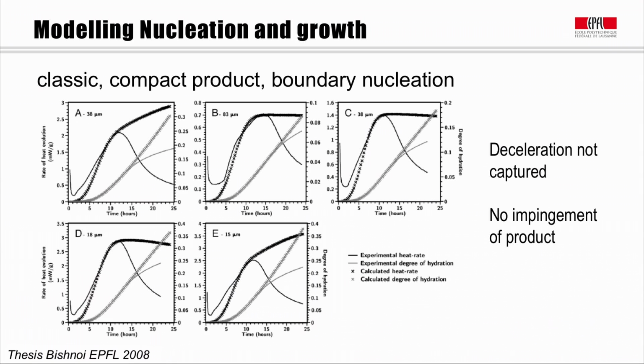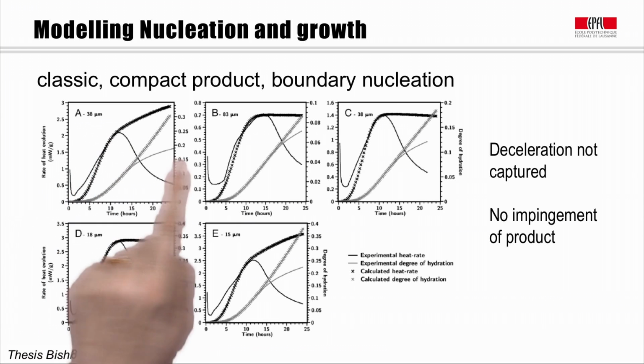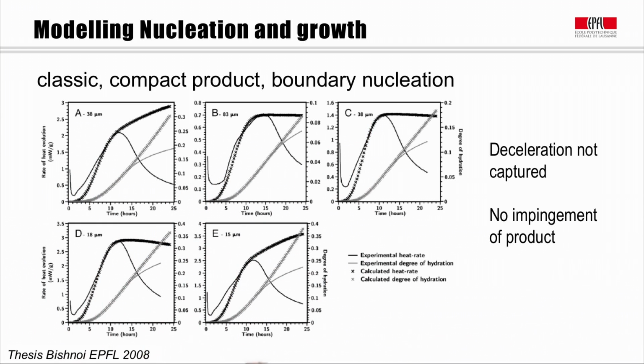If we look at the results from this, what's quite important in these results I'm going to show you is that we tested this on a range of particle sizes from the same alite. So these numbers here tell you the average particle size of the different alite, but in fact we had the whole particle size distribution which we could simulate in the model.